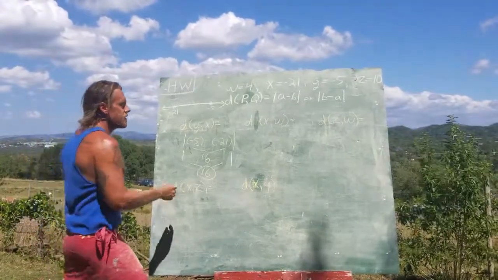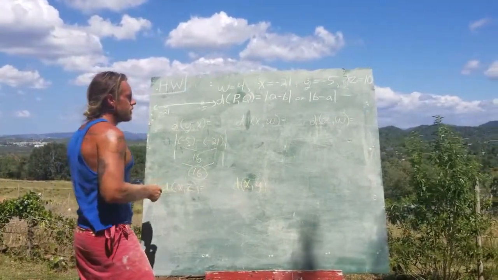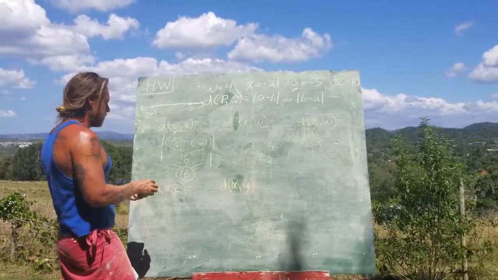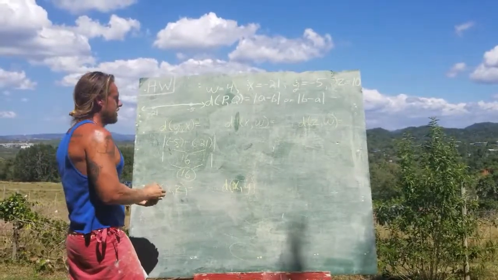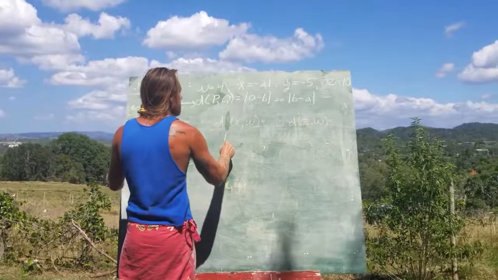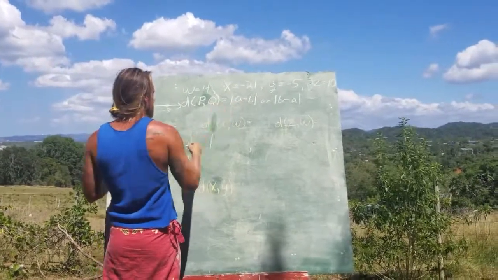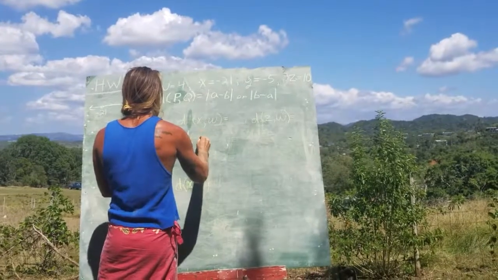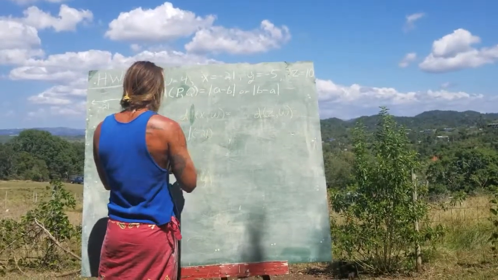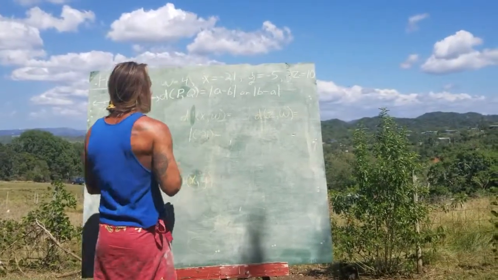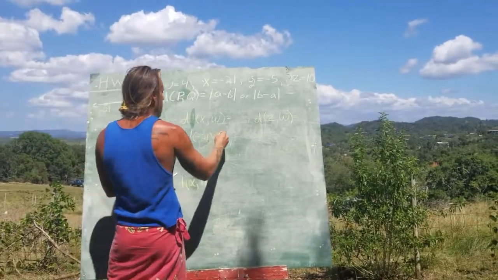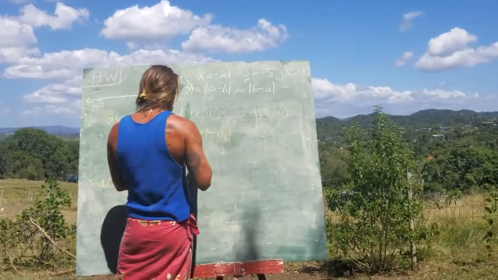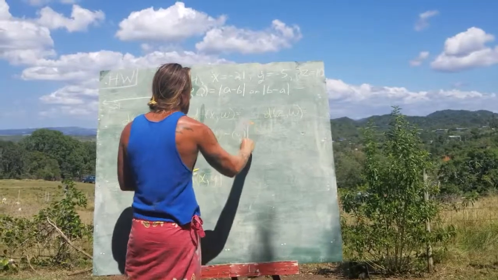All right, let's look at this one where we have x and w. So we will take the absolute value of our x, which is -21, minus our w, which is 4. Of course, we'll take the absolute value of that.